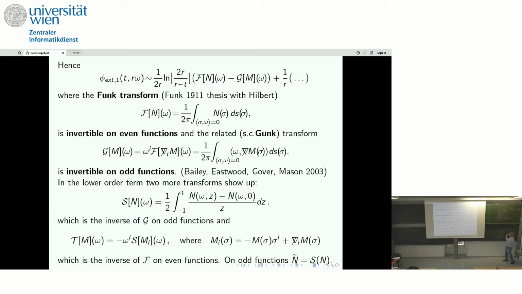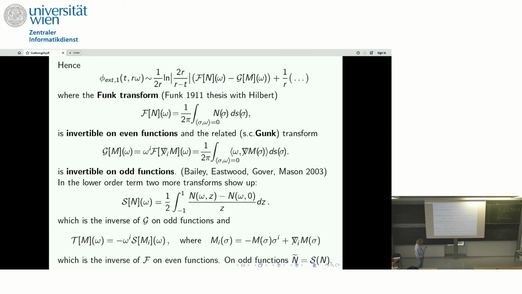And say that you know what that is for any omega. Do you know what function you started with? That's the question, right? And this transform is called the Funk transform. And the question was, is this one invertible? And first of all, it's not, right? Because if you have an odd function, this would vanish. So it would be invertible only on even functions.